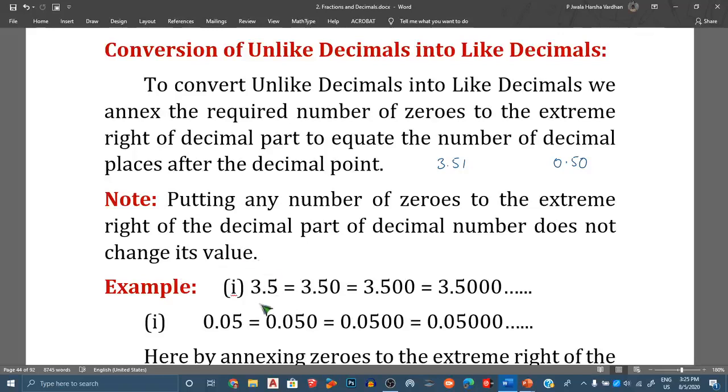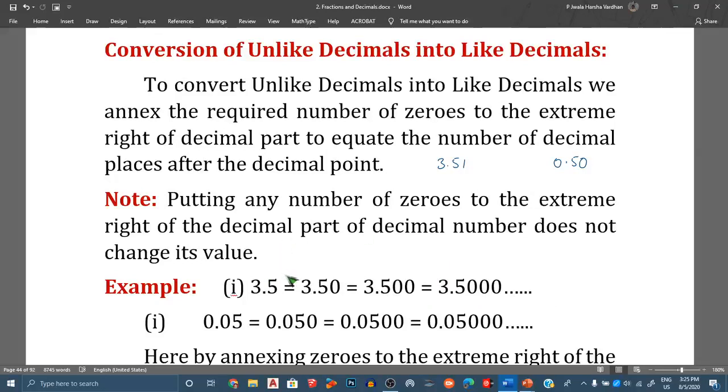Remember it. For example, 3.5: if we annex one more 0 to the extreme right, 3.50 is nothing but equal to 3.5 only. There is no change. If you add one more 0, 3.500 is also nothing but 3.5 only. 3.50000 is also equal to 3.5.